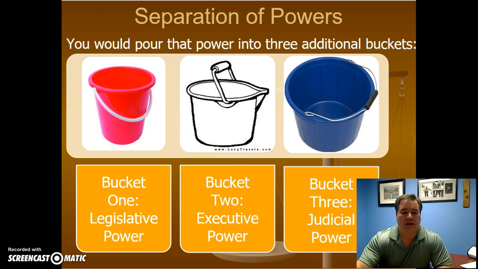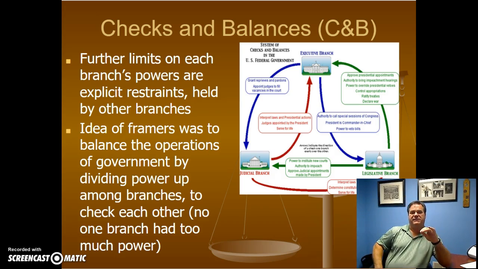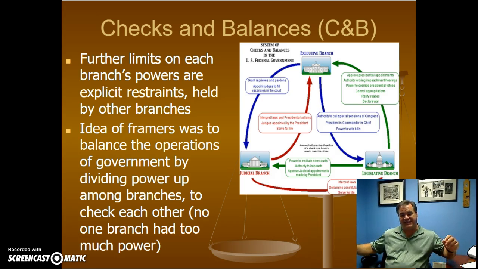Okay. Now, checks and balances places further limits on each branch's power as explicit restraints held by the other branches. The idea of the framers was to balance the operations of government by placing explicit checks or requirements that other branches had on the exercise of power in the executive branch or the legislative branch or the judicial branch.